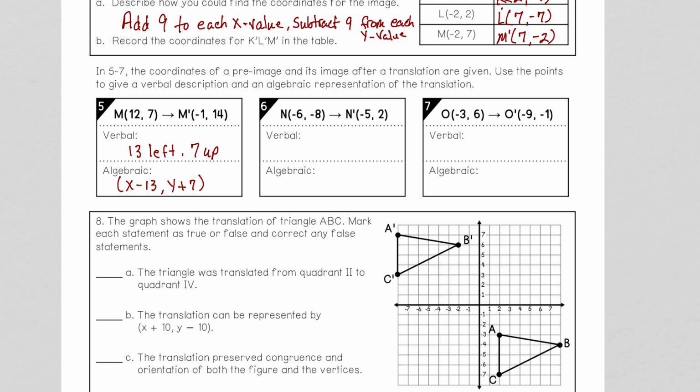For number 6, our x coordinate's going 1 right and 10 up. So x plus 1, y plus 10.